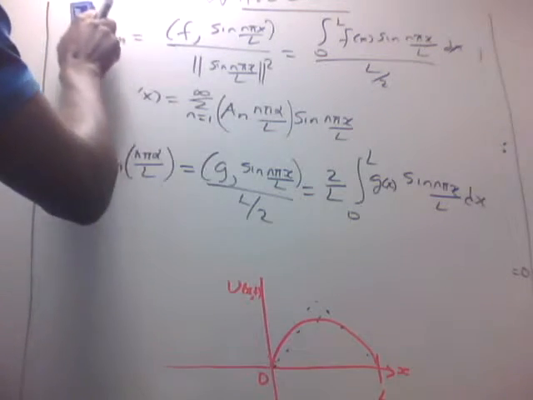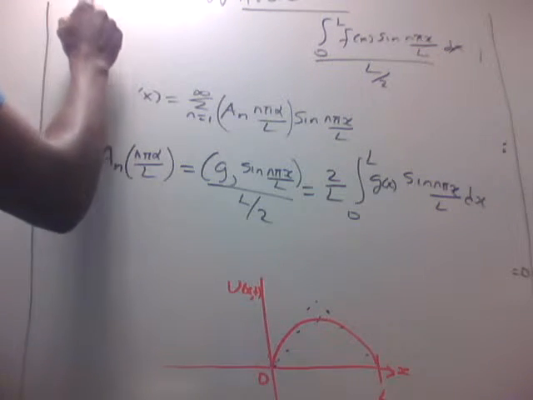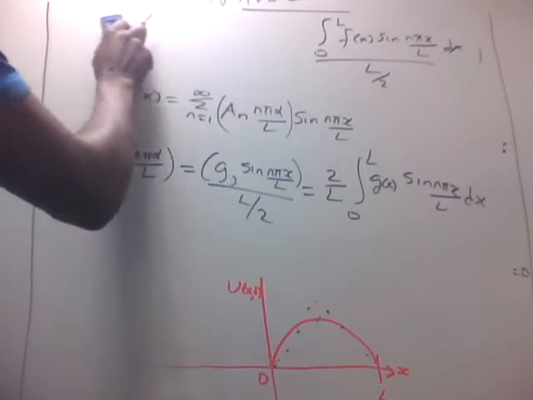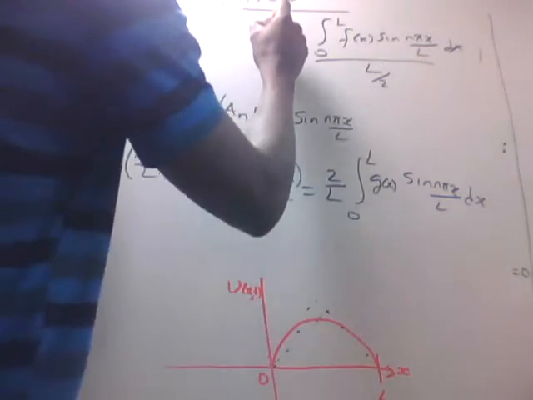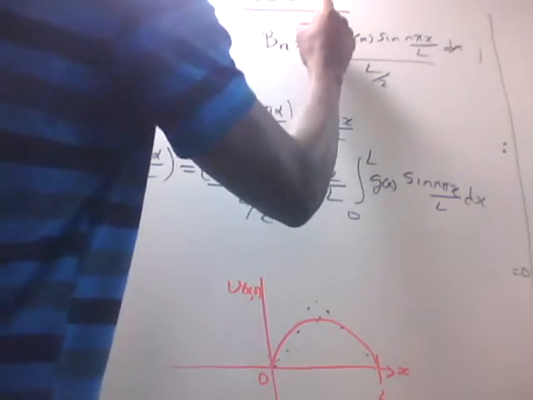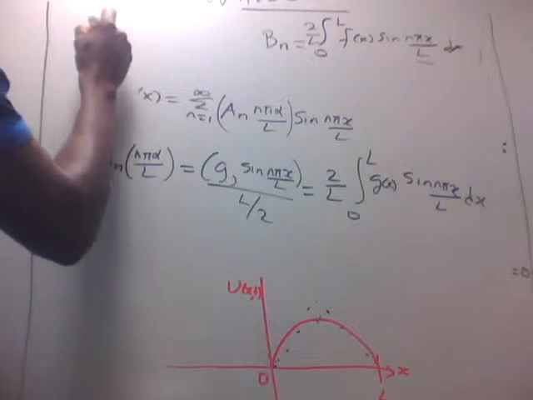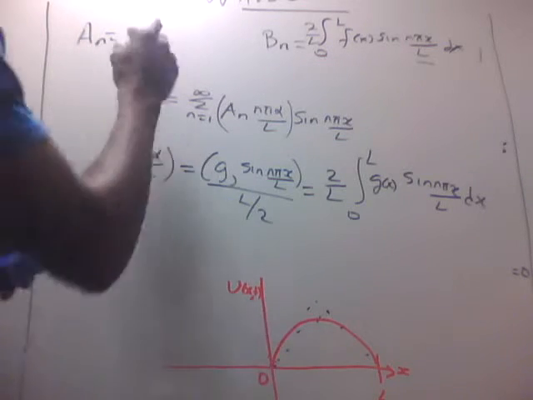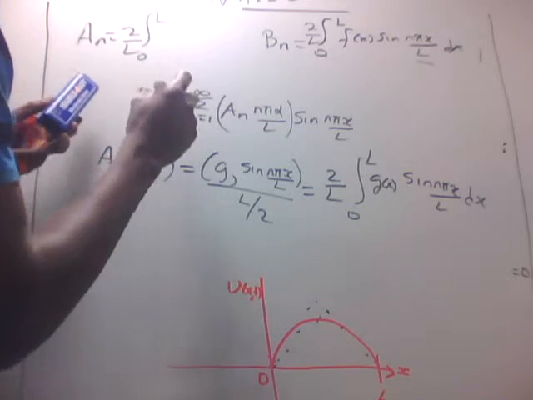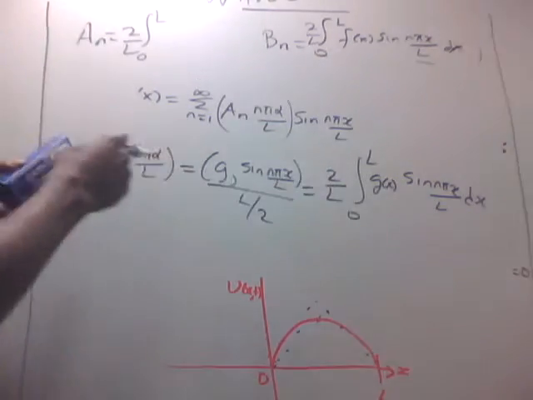We have our two coefficients, so we can easily determine u of x. So I'm just going to write b_n right here. b_n is this, 2 over L times this, and a_n is this 2 over L times L over n pi alpha.